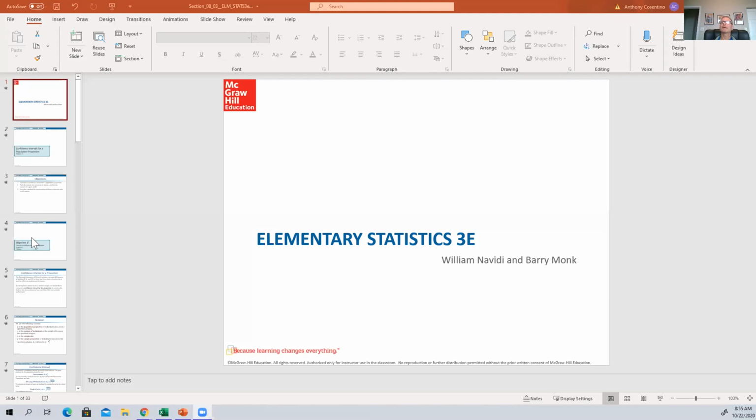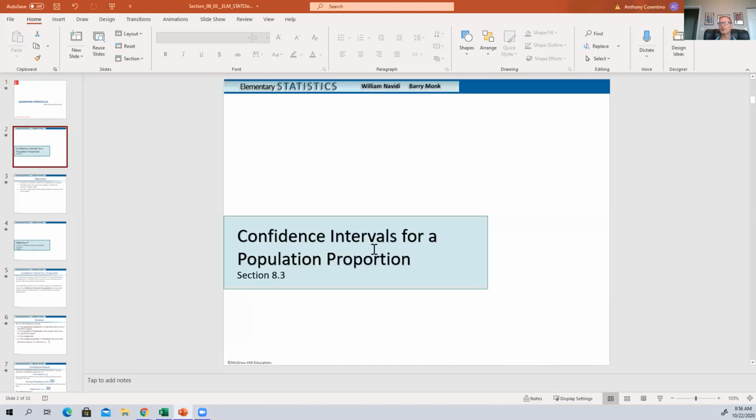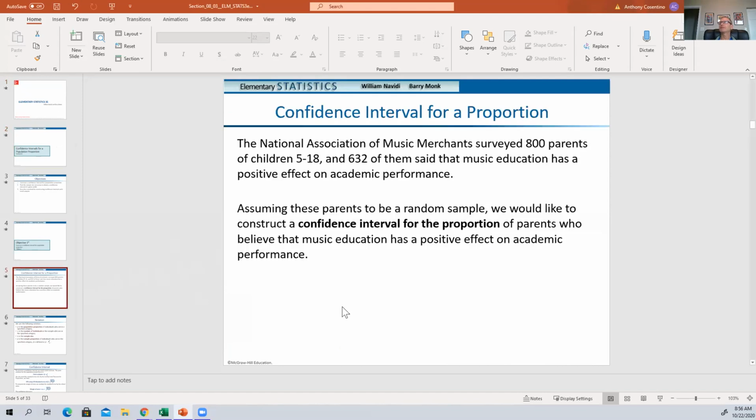So the idea here is confidence levels for proportions now. We're going to use this as an example. We have 800 parents and 632 of them say music education has a positive effect.